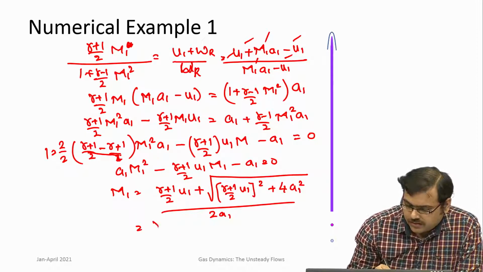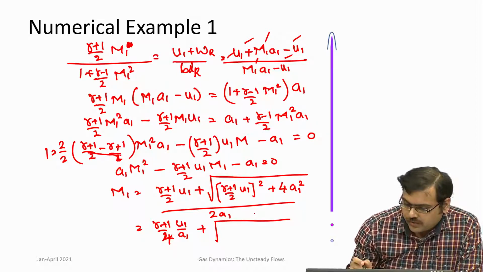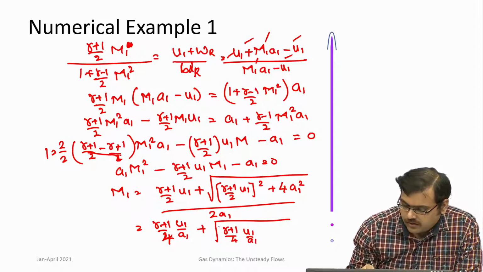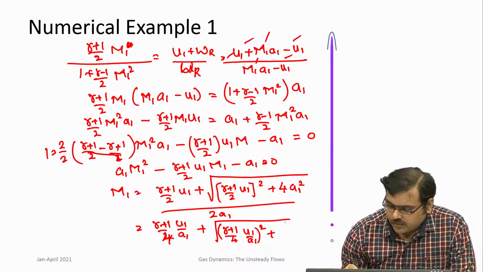This is (gamma plus 1) by 4 u1 by a1, plus you can take 2 a1 inside, so you will get ((gamma plus 1) by 4 u1 by a1) whole square plus, if you take 2 a1 inside, it will be 4 a1 square, so this is plus 1.